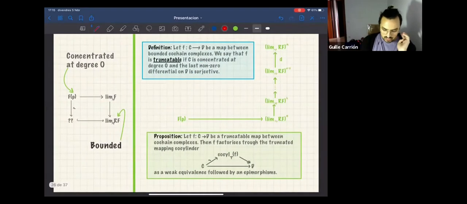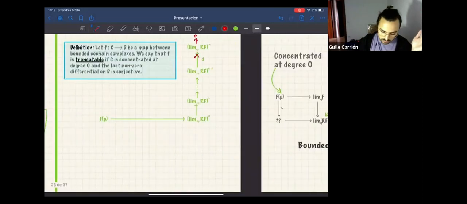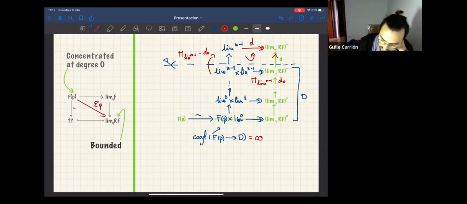If the map is truncatable, the truncated mapping cocylinder gives us the factorization that we want. I didn't say it before, but if this is epsilon sub p, this is the truncated mapping cocylinder of epsilon p.